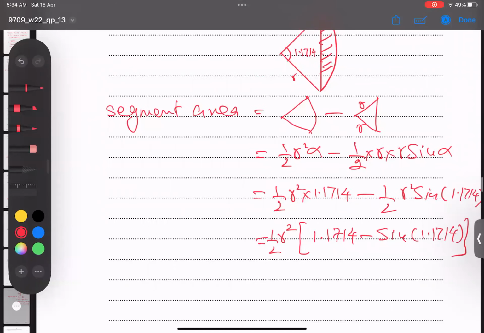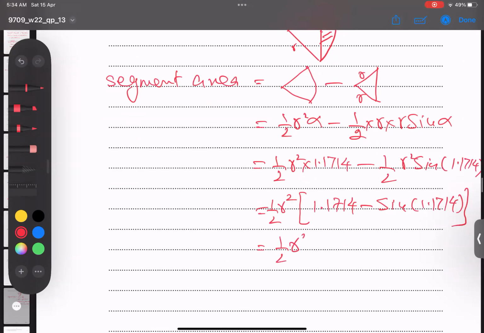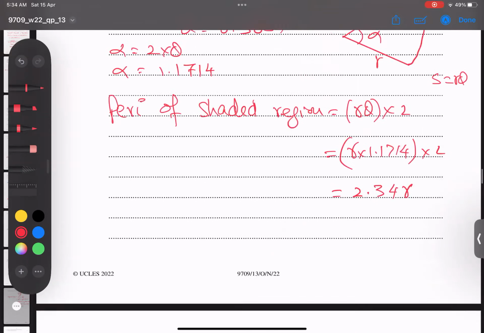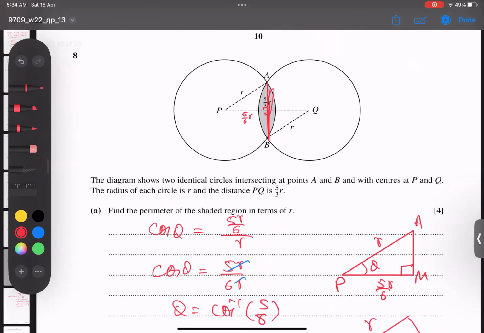So when I'm typing in the calculator 1.1714 minus sine of 1.1714, it is giving me inside 0.2501. But this is the area of this part only. How to get this full area, times 2?